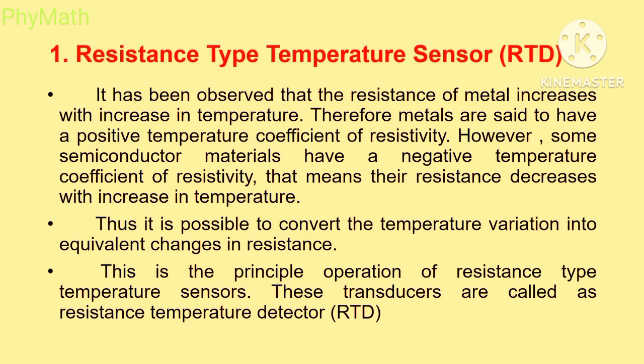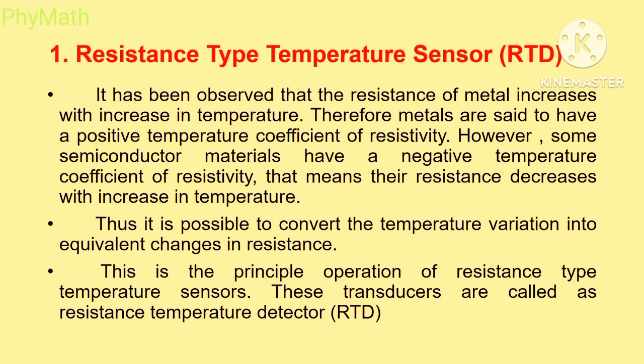Now let's start with the first type of temperature sensor, that is resistance type temperature sensor or RTD. It has been observed that the resistance of metal increases with the increase in temperature. Therefore, the metals are said to have a positive temperature coefficient of resistivity.